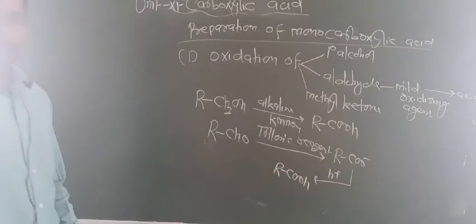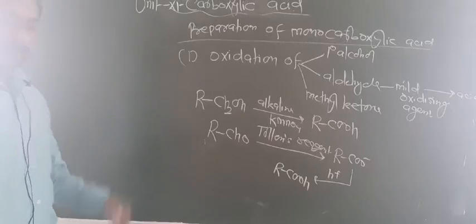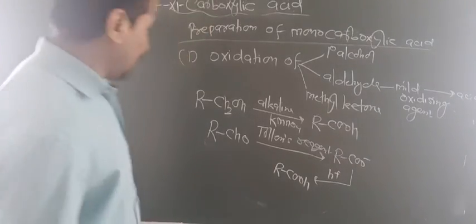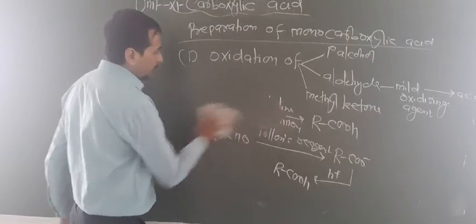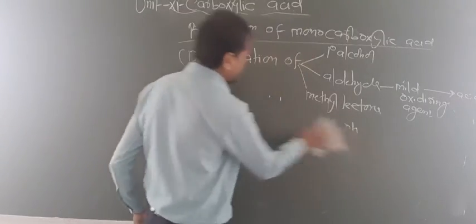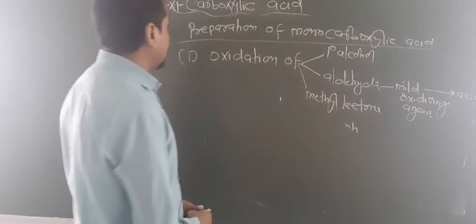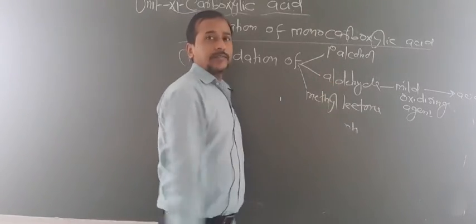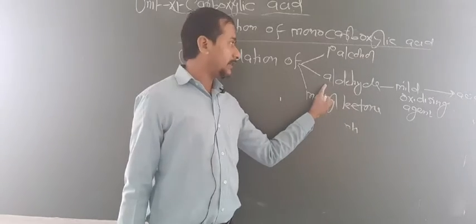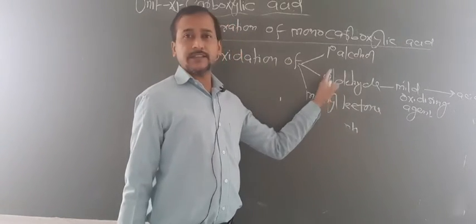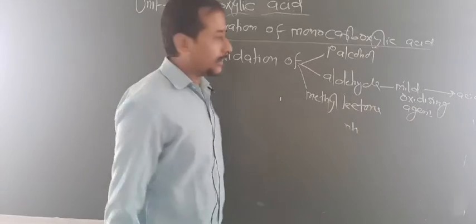So by this way you can also prepare acid from aldehydes. Are you getting the point? Now let us focus here. Here 1 degree alcohol is changing to acid. Here aldehyde can change into acid by using mild oxidizing agents.